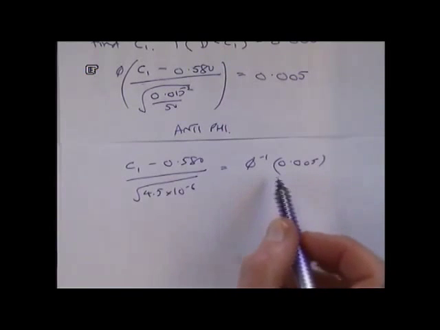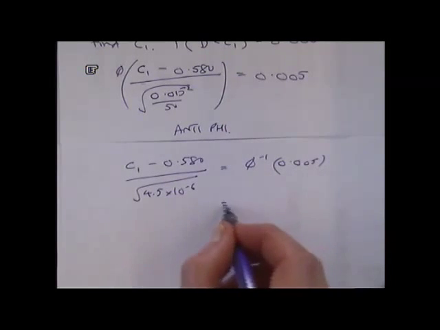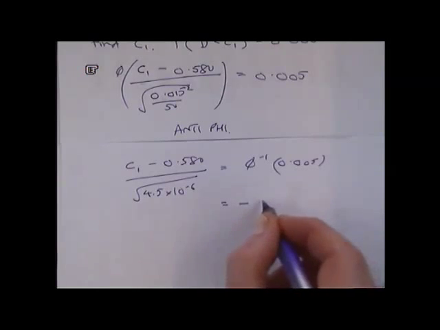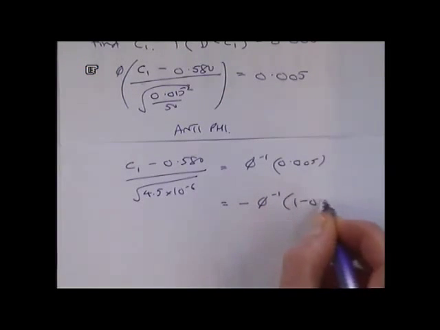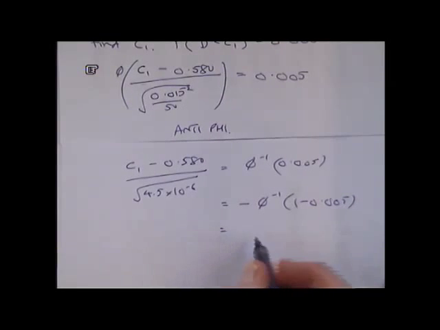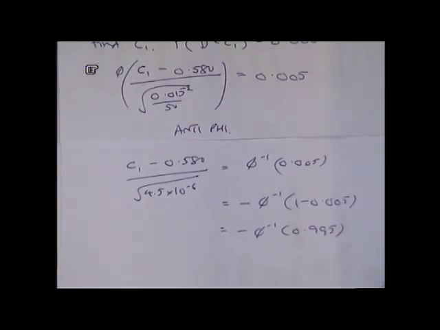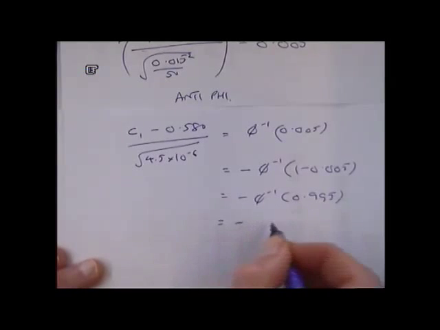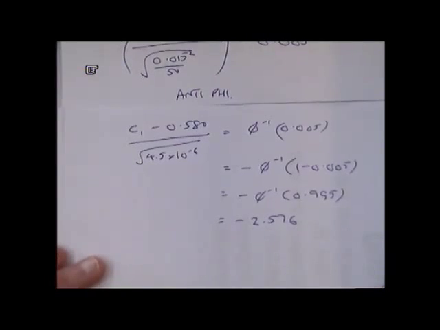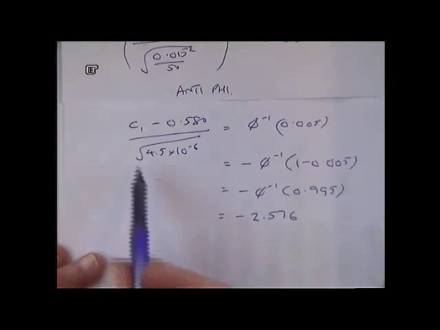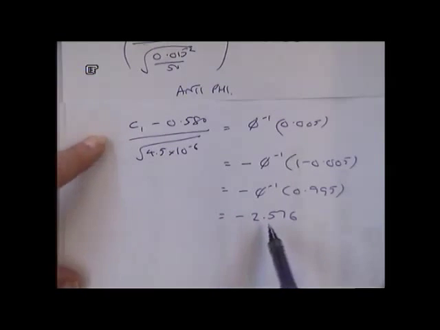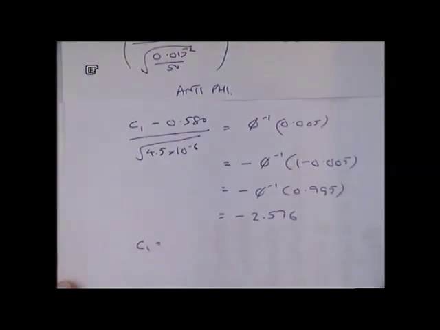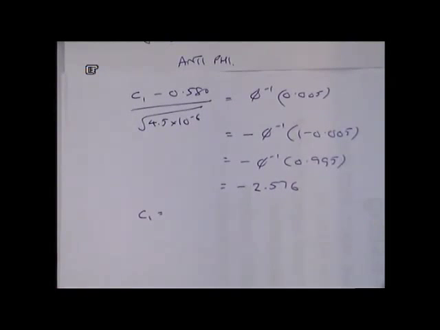So can anybody remember, anti-phi-ing a small number, what do we do? Negative anti-phi of 1 minus the small number, yeah. So that's negative anti-phi of 0.995. 0.995 again is in the bottom of that green table. 2.576 is what somebody said, and that's right. So now it's a case of rearranging that equation, that left-hand side and that right-hand side, and you should be able to work out what C1 is.